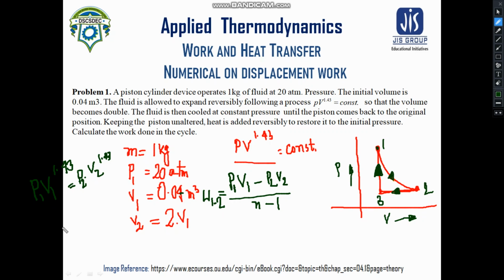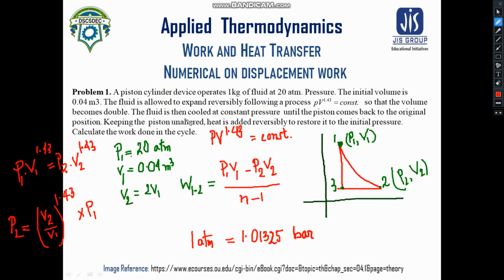If you equate, as you can see, the problem is almost solved here. What we are discussing is P1 V1 to the power 1.43 is equal to P2 V2 to the power 1.43. So this atm should be converted into bar following this relationship, and ultimately you will find P2 is equal to 7.417 bar.